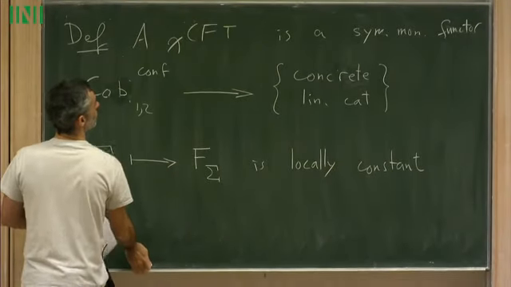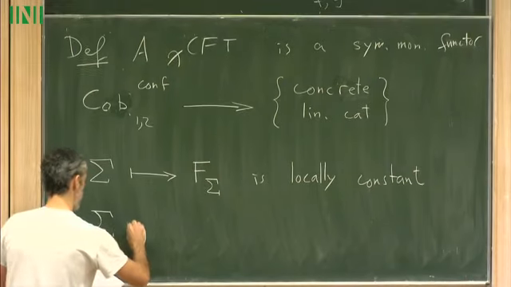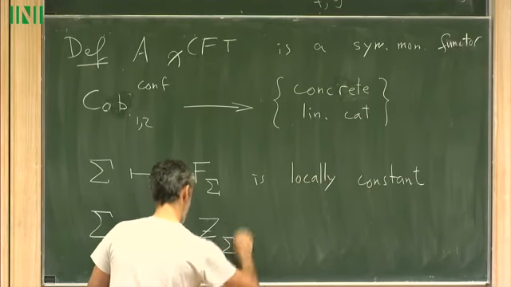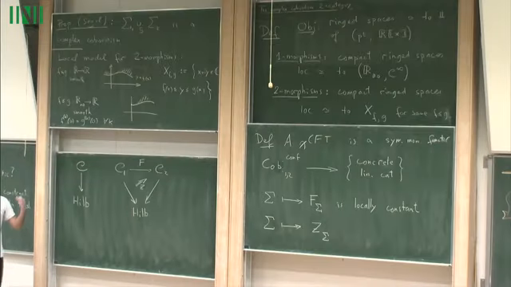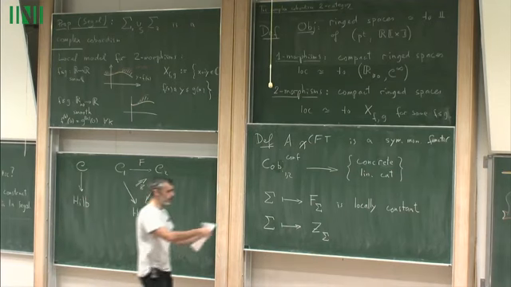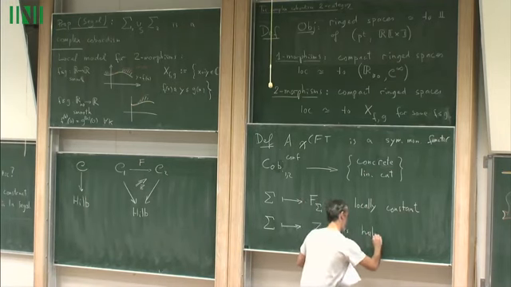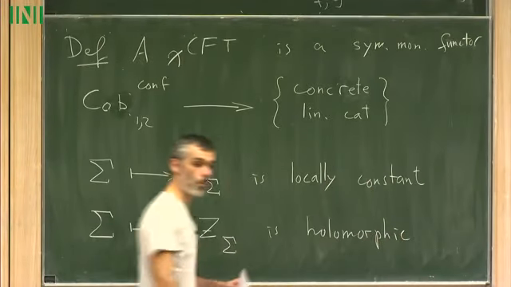And I want sigma goes to Z sub sigma. So, once you know that the thing is locally constant, well, I'll just write it down. And I want this to be holomorphic.